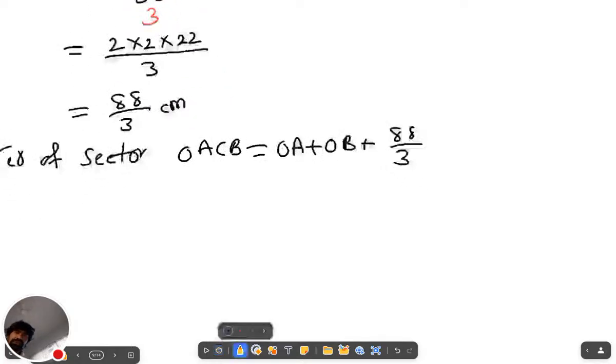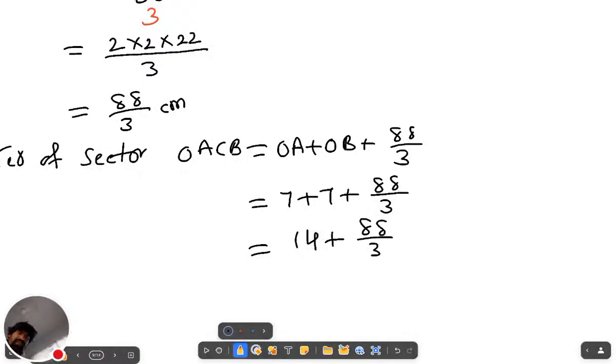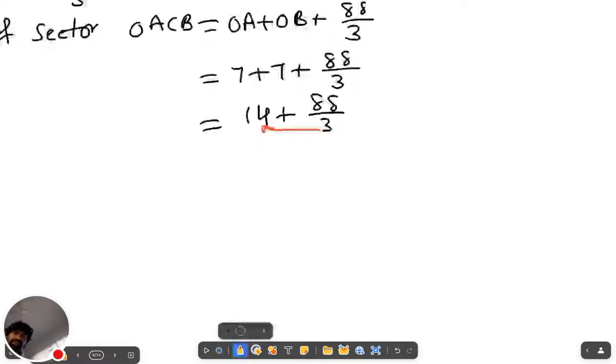OA is 7 and OB is also 7, plus the arc length 88 by 3. 7 plus 7 is 14, plus 88 by 3. Now multiply this 14 with 3. So what do we get here? 14 into 3 plus 88, whole by 3.